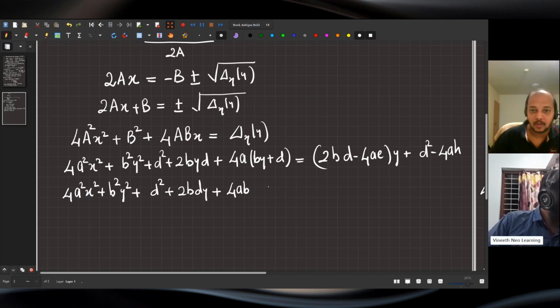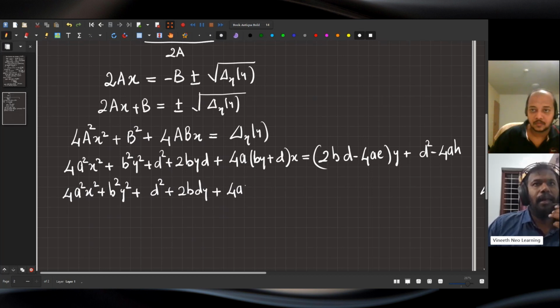Let me look at my notes. There is an x here, I just missed an x.